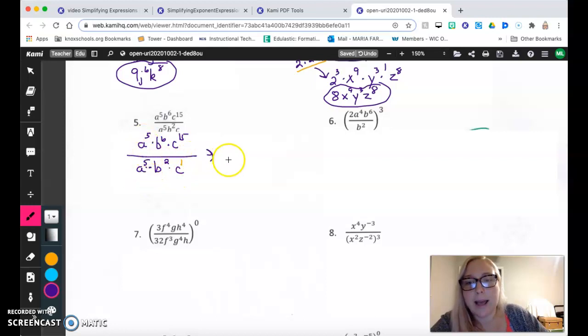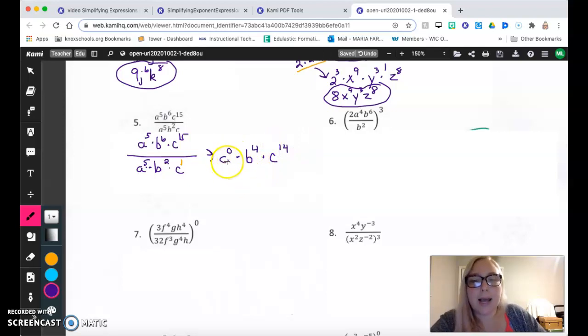So that would be a, and then 5 minus 5 is a to the 0 power, and we'll come back and take care of that in a moment. We have b to the 6th divided by b squared, which means we're going to keep that base, subtract those exponents. 6 minus 2 is 4. We have c to the 15th power divided by c to the 1st, keep our base, and then subtract the exponents. 15 minus 1 is 14.